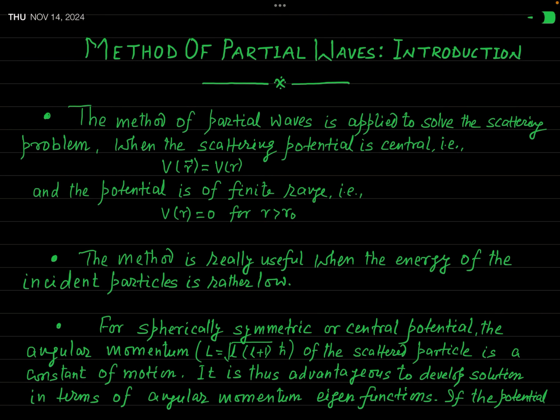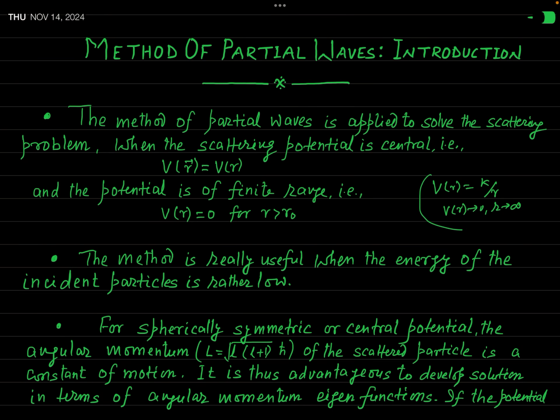For example, you know about Coulombian potential, that Coulombian potential V of r is given as some constant over r. And you know, this potential V of r will tend to 0 when r is tending towards infinity.